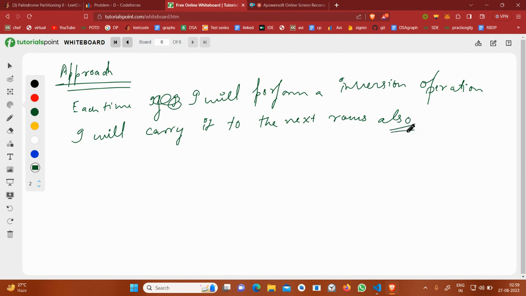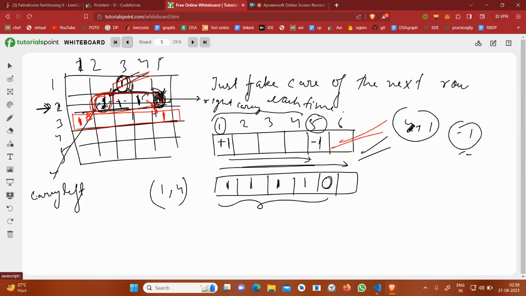How I will carry, I have already discussed in the previous slide. Suppose I am at i comma j here, then I will go to i plus 1, because it will be the next row, and j minus 1 for the left part, and for the right part I will make i plus 1 comma j plus 1.